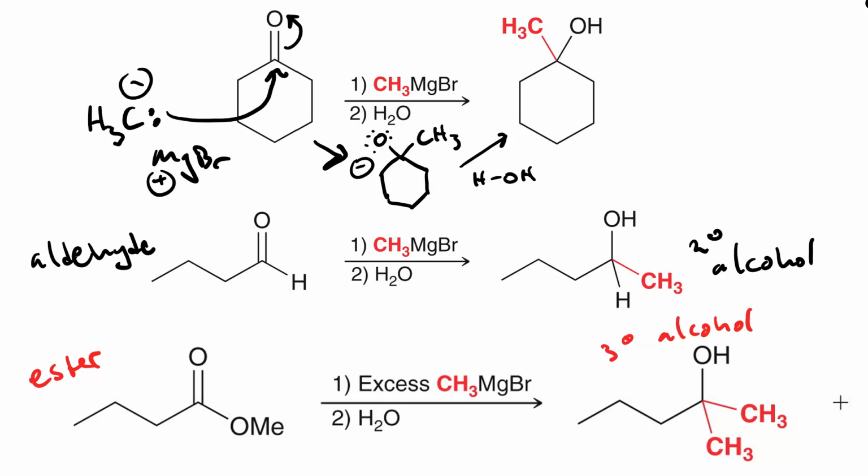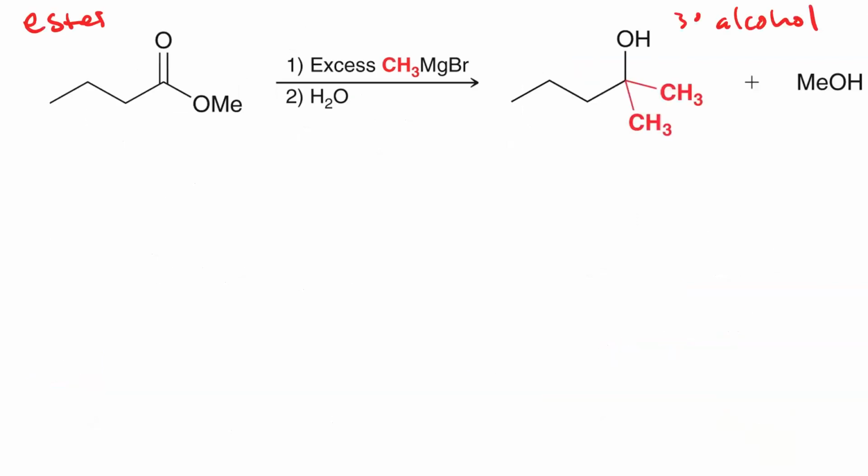So what's the mechanism of that? So here we're going to take the ester named methyl butanoate, and we're going to react it with excess methyl magnesium bromide, that's our Grignard, followed by water, and we're going to end up with 2-methyl-2-pentanol and methanol. The methanol actually comes from that methoxy group in the initial ester.